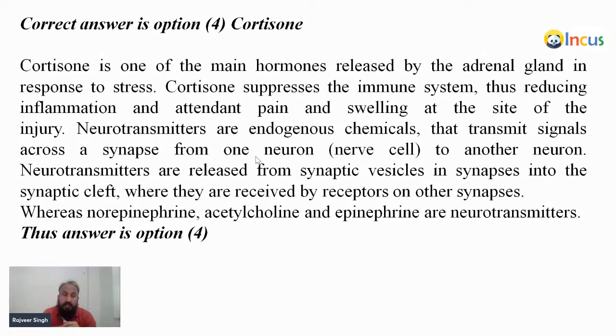Neurotransmitters are endogenous chemicals that transmit signals across the synapse from one neuron, or nerve cell, to another neuron. Neurotransmitters are released from synaptic vesicles in the synapse into the synaptic cleft, where they are received by receptors on other synapses. Norepinephrine, acetylcholine, and epinephrine are all neurotransmitters. So we choose cortisone as our right answer.